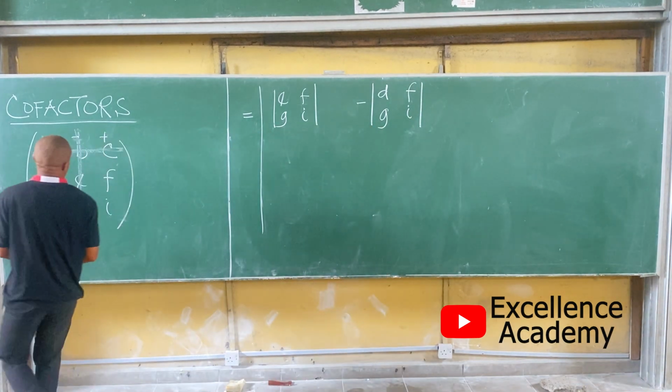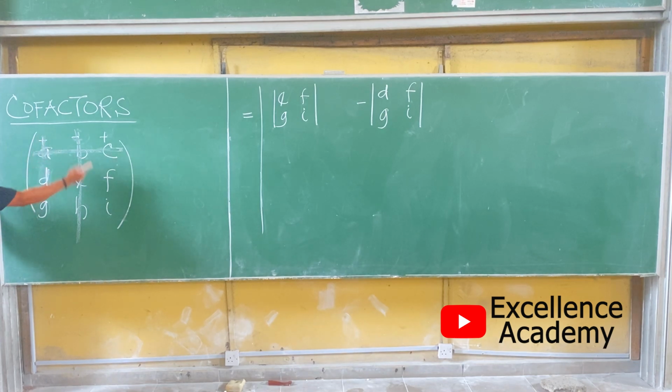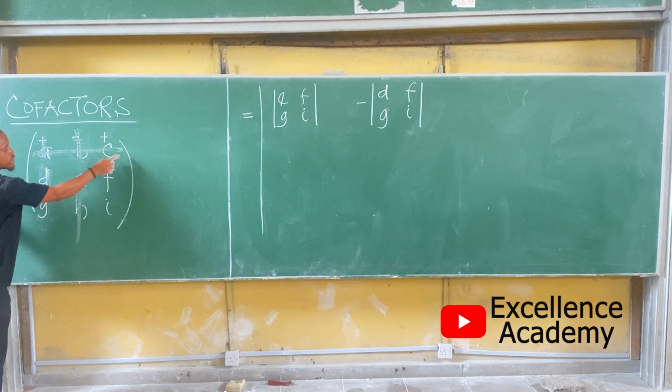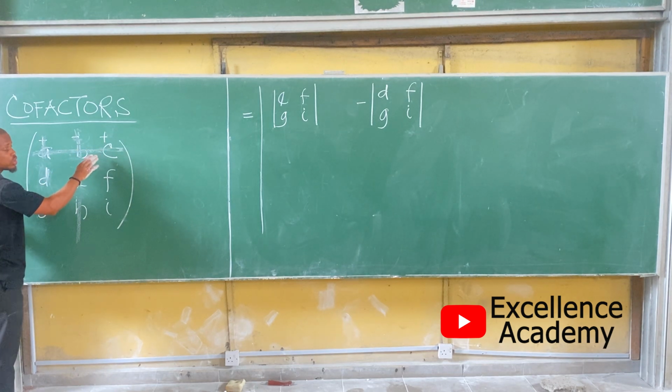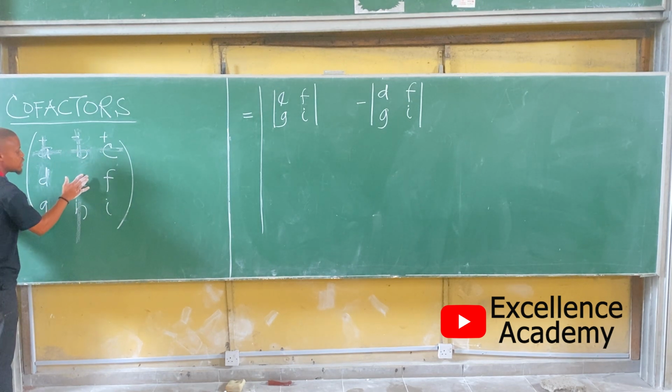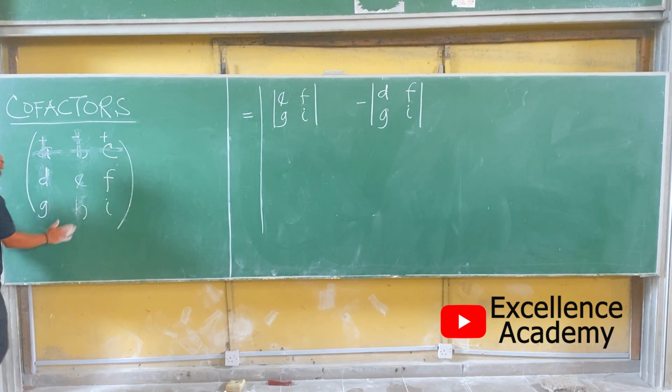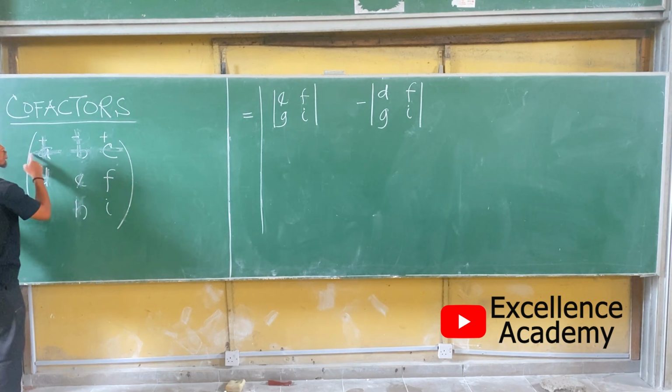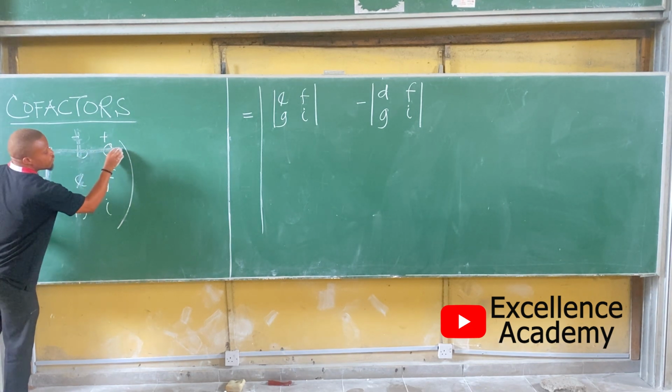Alright. We'll do the same thing for all the elements in this matrix. Next up, we move over to our next element there, which is C. Apply the same method, the same rule. You close the row and the column on which it appears. My C is appearing on the first row, so I'm still closing my first row.